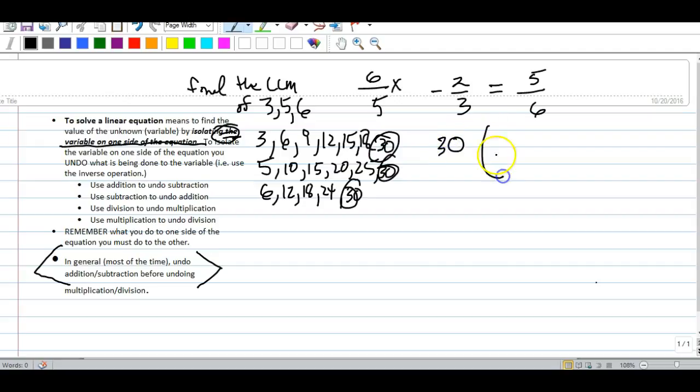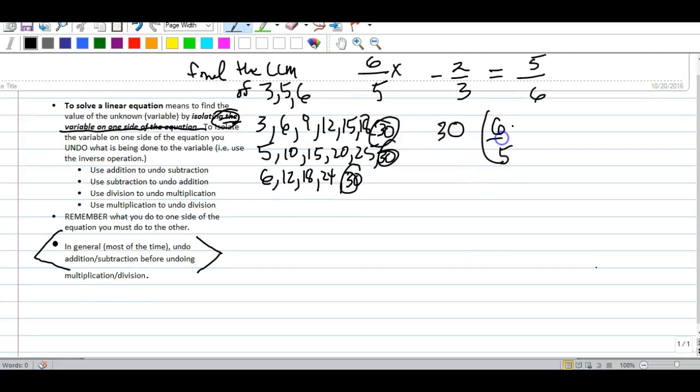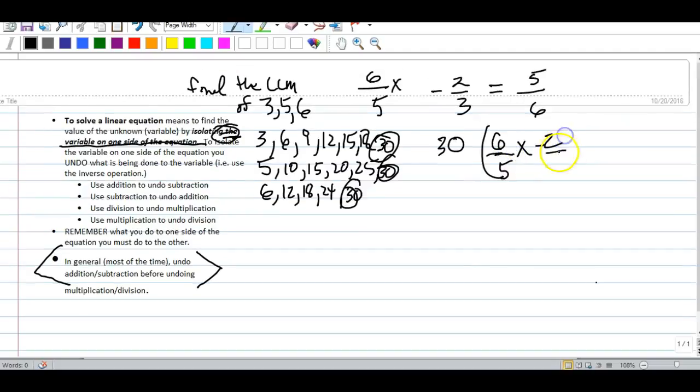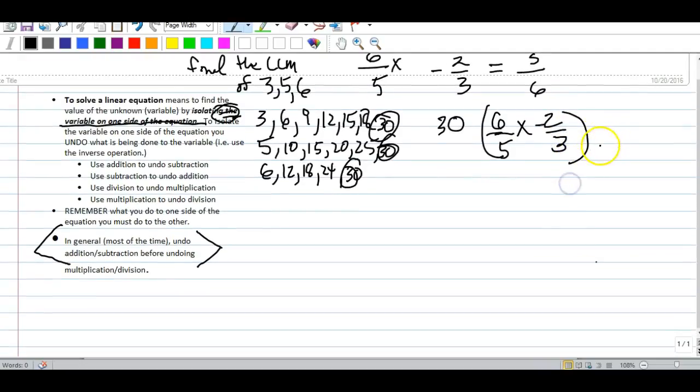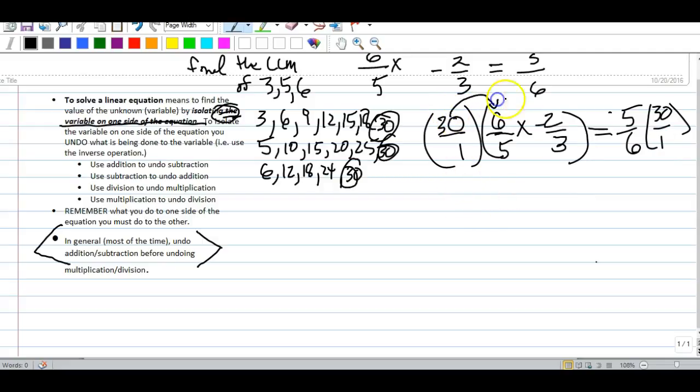So I'm going to multiply both sides of the equation by 30. The purpose for multiplying by the LCM is so that the denominators all become 1 downstairs. In other words, they go away. Now, remember you have to distribute. So I've got to multiply everybody inside grouping symbols here by 30.